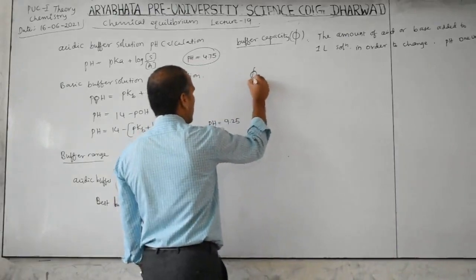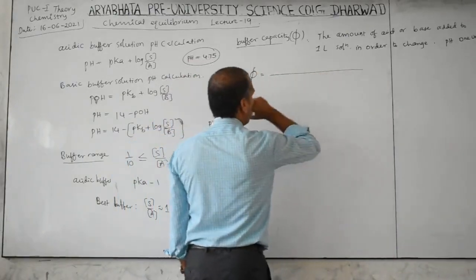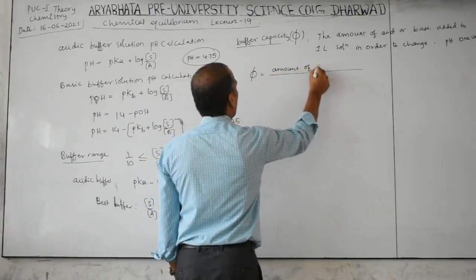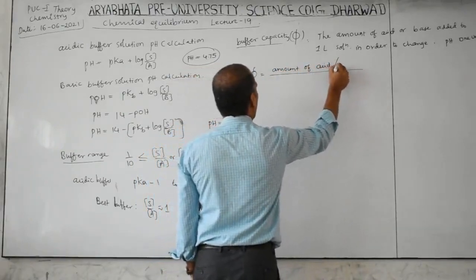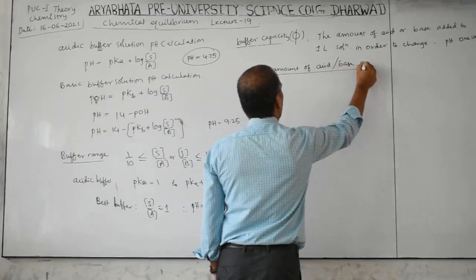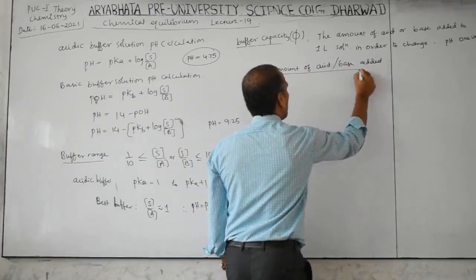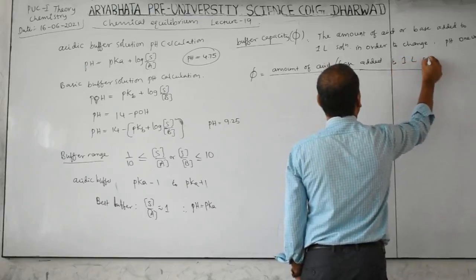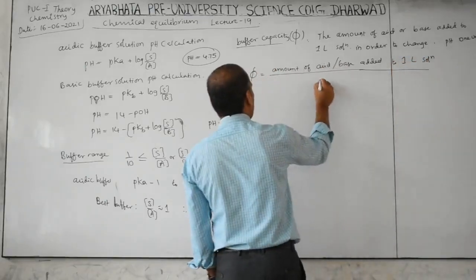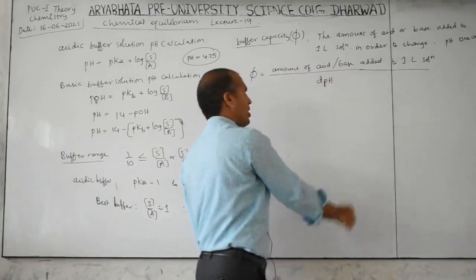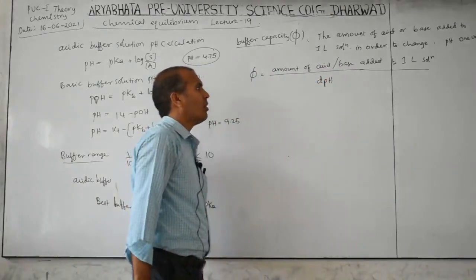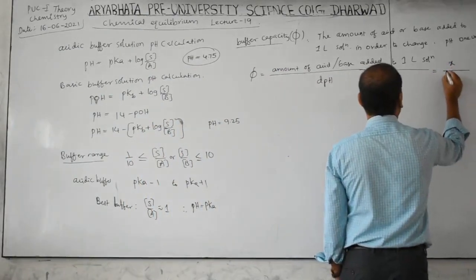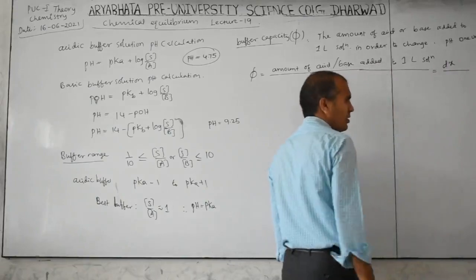Now this is equal to the amount of acid or base added to 1 liter solution. Here the change in pH is represented as dpH, and the amount added is dx.